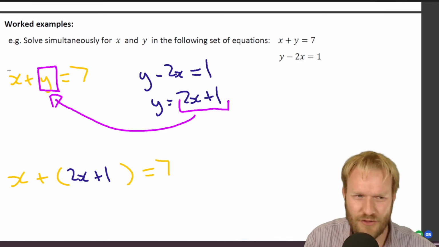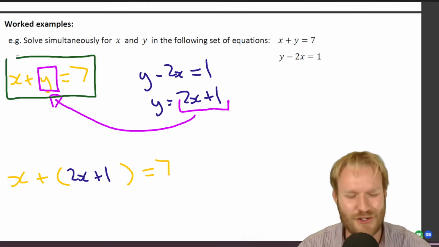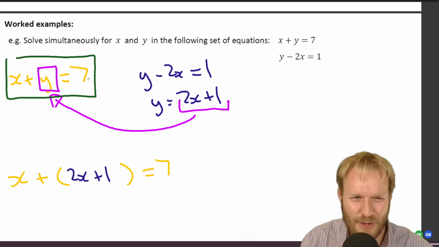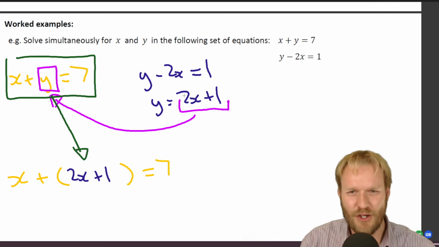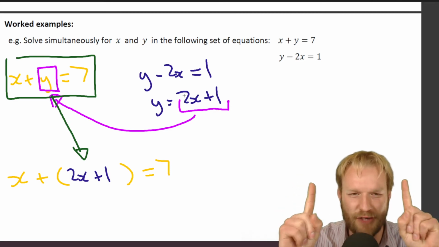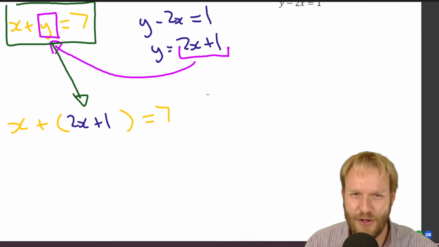So we've got x plus y equals 7, but now we've got another way of writing y, which is 2x plus 1. We've just replaced the y with 2x plus 1. So initially, 2 equations, 2 variables. Now, 1 equation, 1 variable. Solve, and what do you get for x?